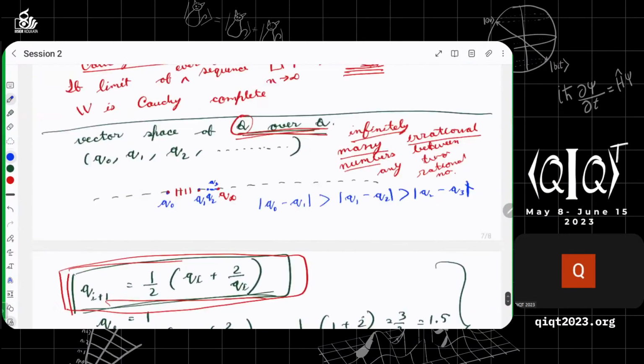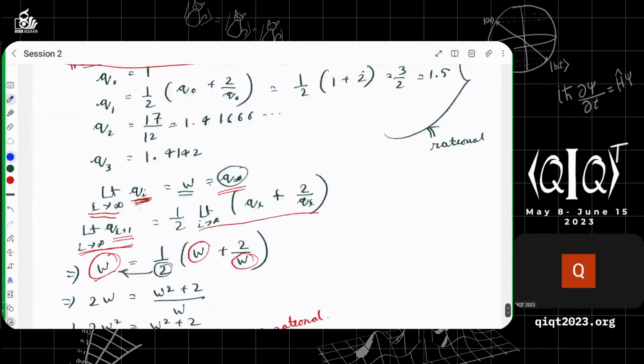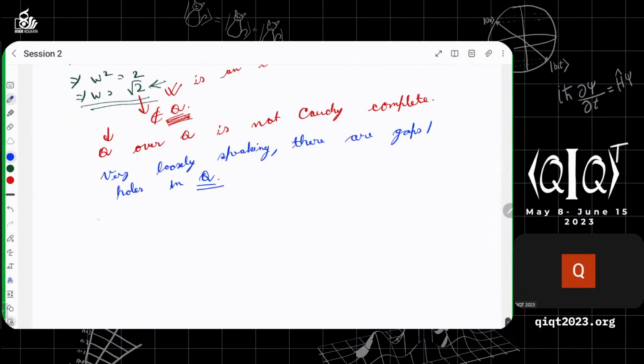So when we say that it is Cauchy complete, then in this sense there will be no gaps or holes in the set. For example, if you take the set of real numbers, or the set of complex numbers, there will be no gaps or holes. So, for example, R^3 over R will be a Hilbert space because it will be Cauchy complete.